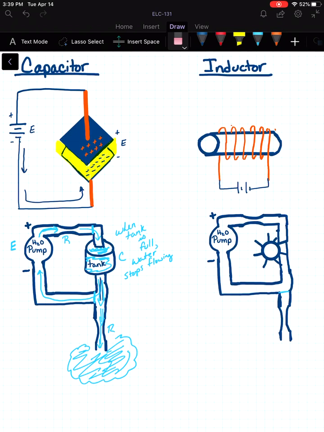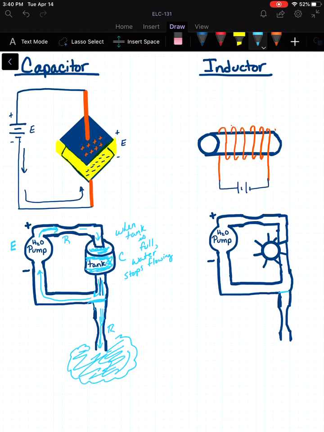Now if we cut off the path of that water flowing out, and then we allow connection back to the source again, the tank will then, of course, fill up again.